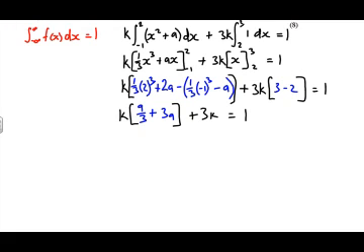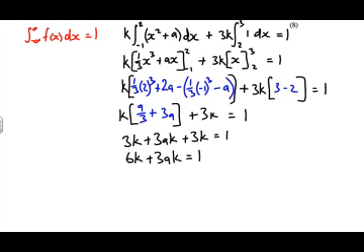So as we expand, 3k plus 3ak plus another 3k equals 1. 6k plus 3ak equals 1. Okay, this will be useful later on. Let's just box that off and remember where it is.